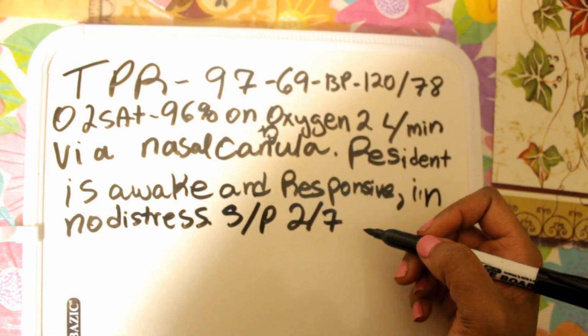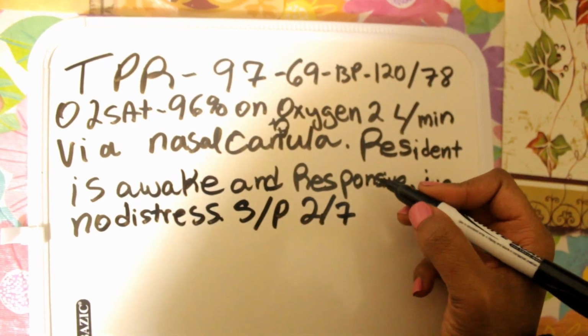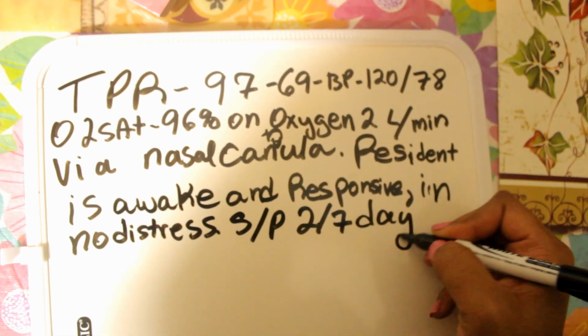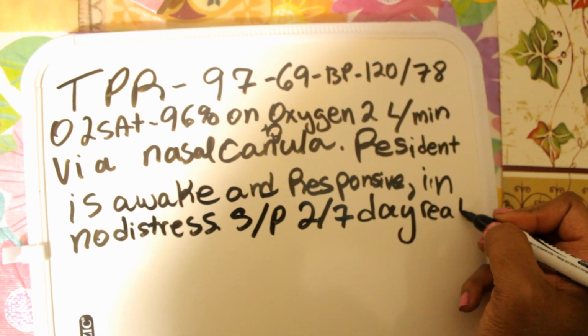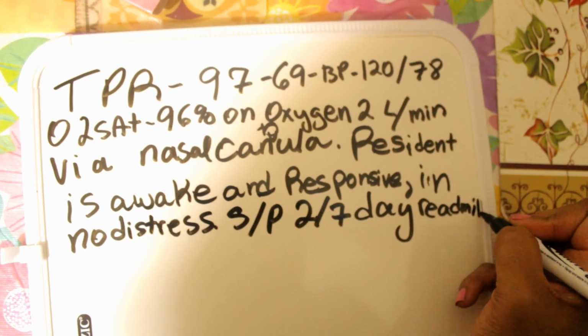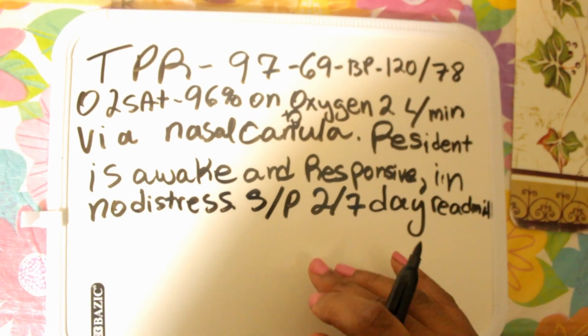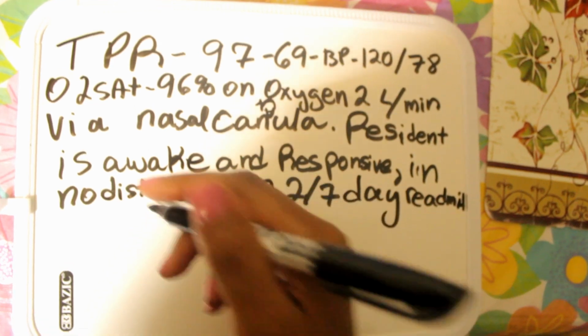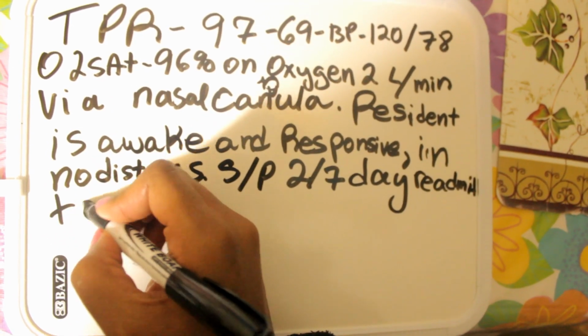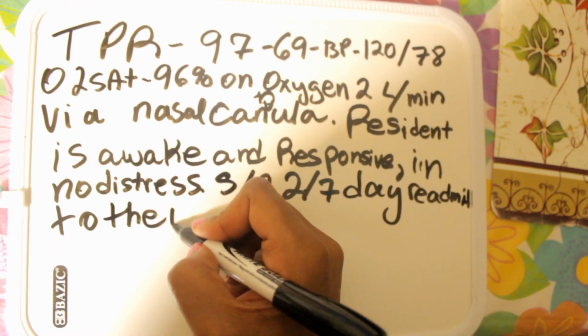Day 2 of 7 day readmit. At my other job, readmission was actually 30 days, so we had to do this for 30 days. I don't know why. Readmit to the unit.